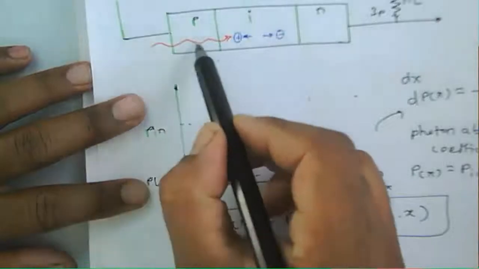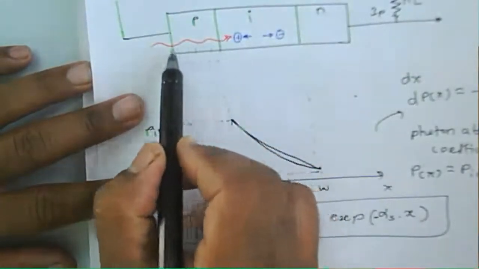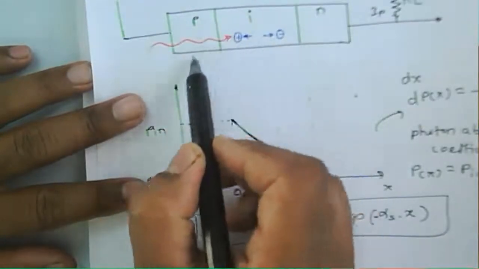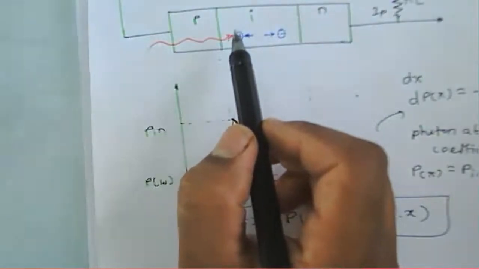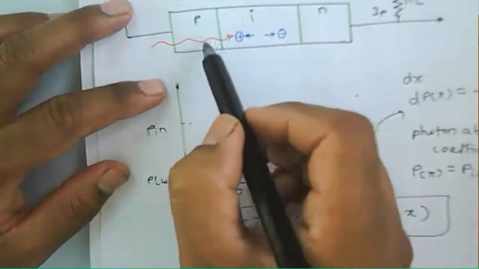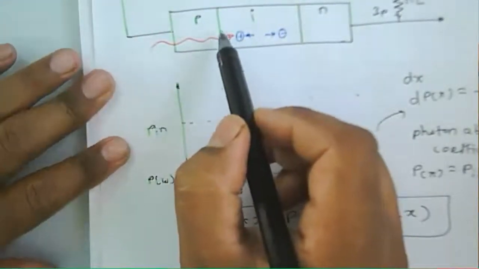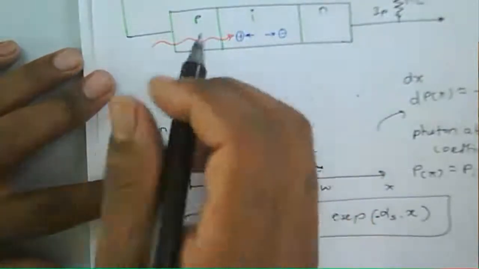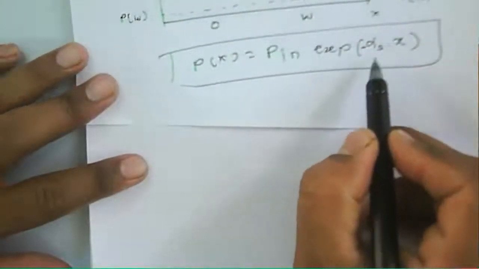Light propagates through this P layer, because this P layer is very thin. But some photons may be absorbed inside this particular P region. That's why we can say that is about the absorption coefficient, because they are propagating through it.